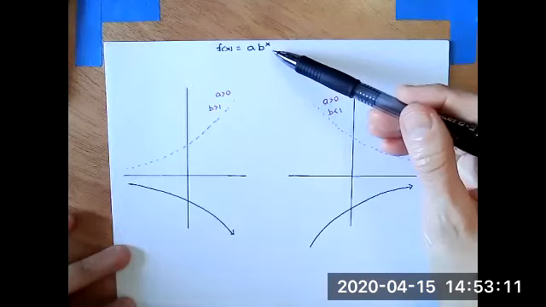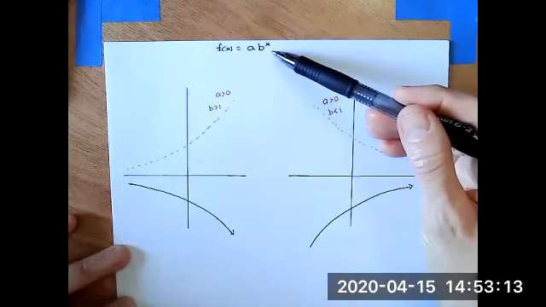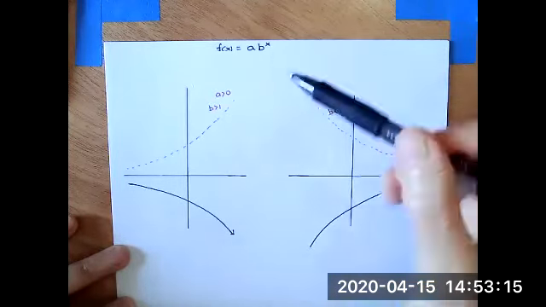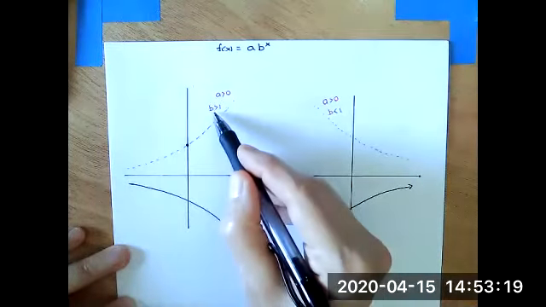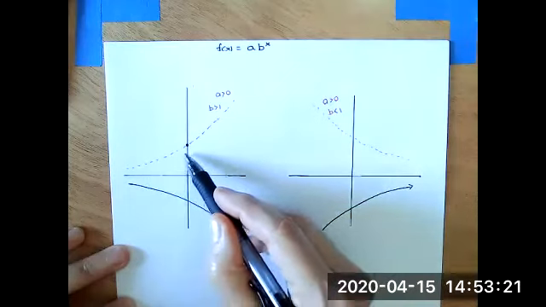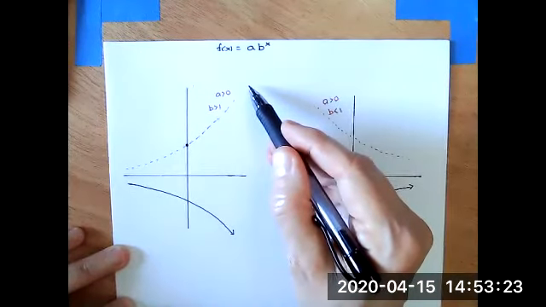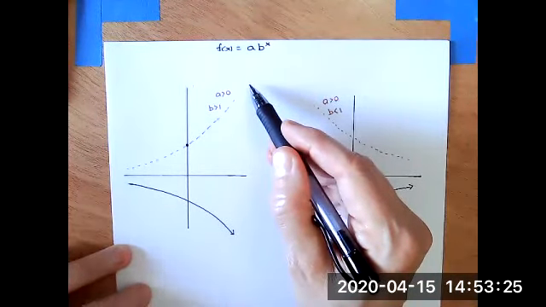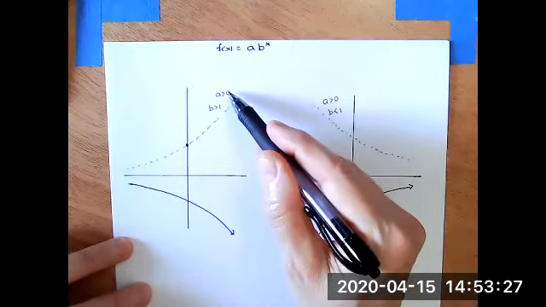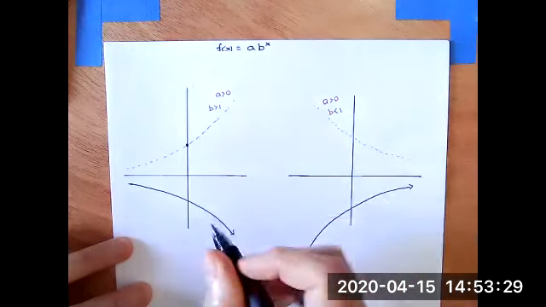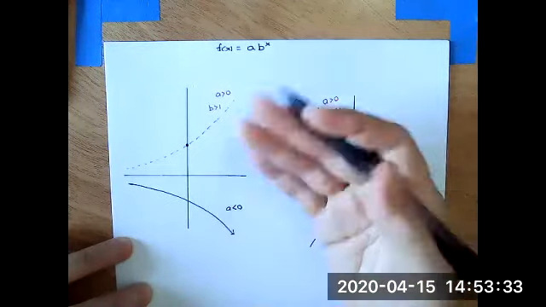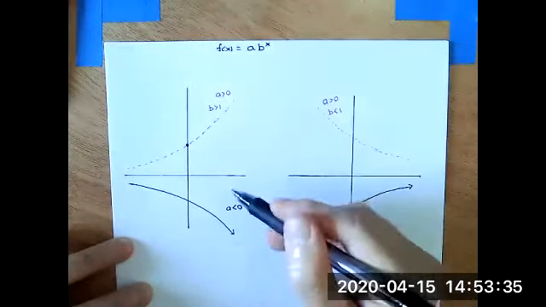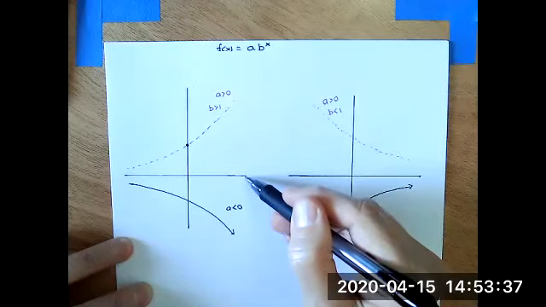So for the function f of x equals a times b to the x, if a is positive and b is greater than 1, we have this increasing concave up function. Well, if you multiplied a by -1, you would flip the graph over the x-axis.